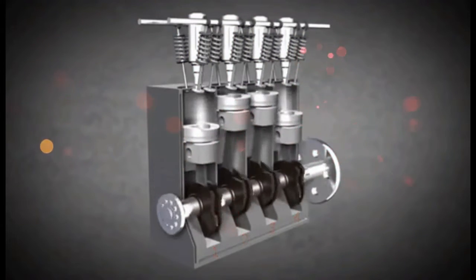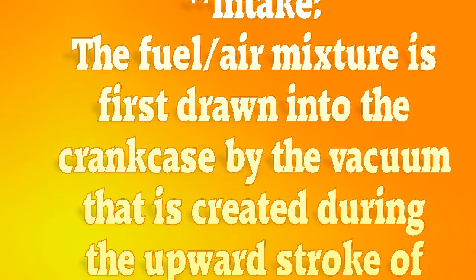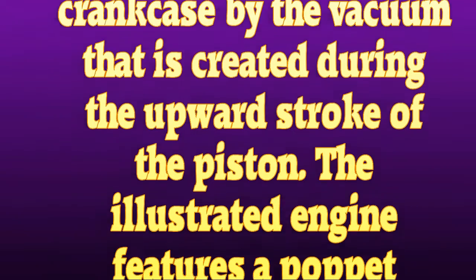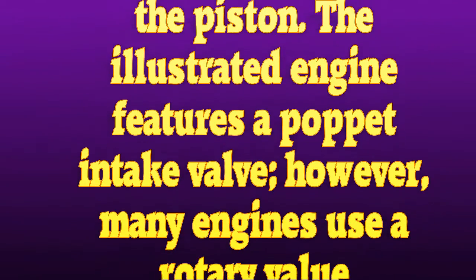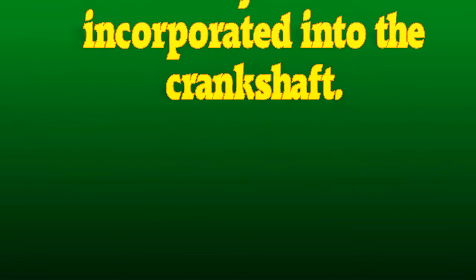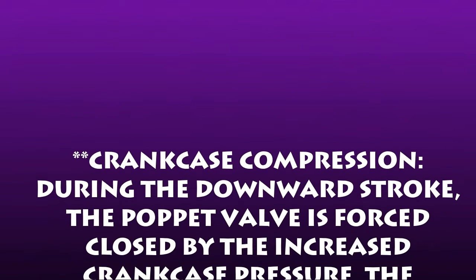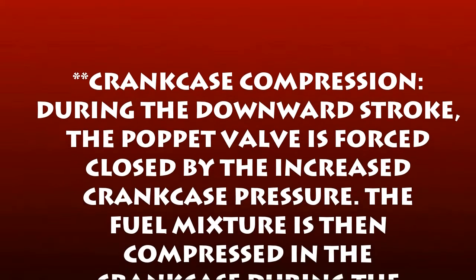The two-stroke engine employs both the crankcase and the cylinder to achieve all the elements of the Otto cycle in only two strokes of the piston. Intake. The fuel/air mixture is first drawn into the crankcase by the vacuum that is created during the upward stroke of the piston. The illustrated engine features a poppet intake valve.